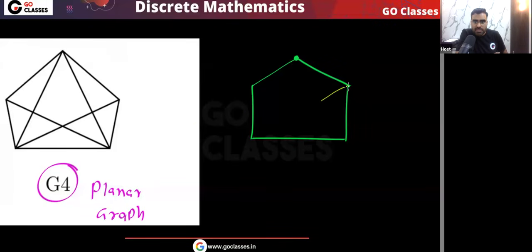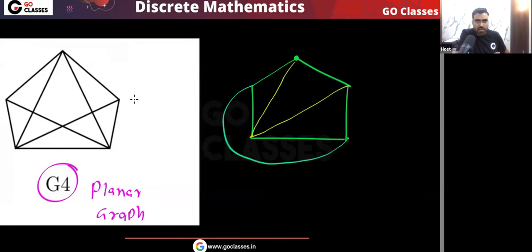See these edges, you can see this edge and this edge, they are not crossing each other. So I can put like this, and this edge I can put here, and also which edge is missing now? This edge. Okay, so this edge I can put here. That's it. So you can easily see this graph, remember, I can draw without edge crossing. So this is also a planar graph.